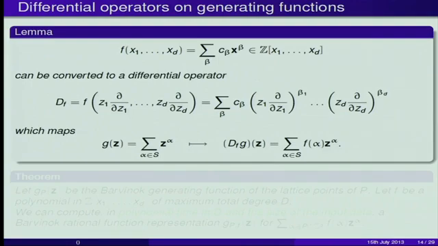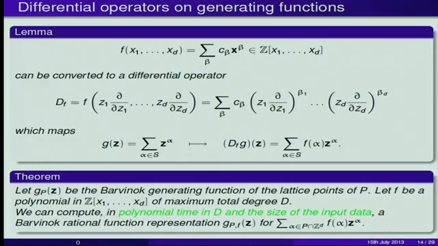So yeah, here is the lemma or the theorem that makes everything work. If you want to evaluate the objective function f on the lattice points, you just need to take the differential operator that looks like the polynomial f. And you can do this in polynomial time in the degree of the polynomial and the input data, to recover this rational function.